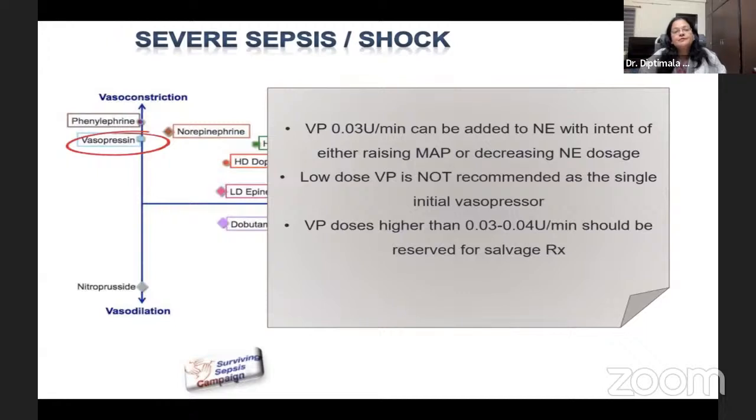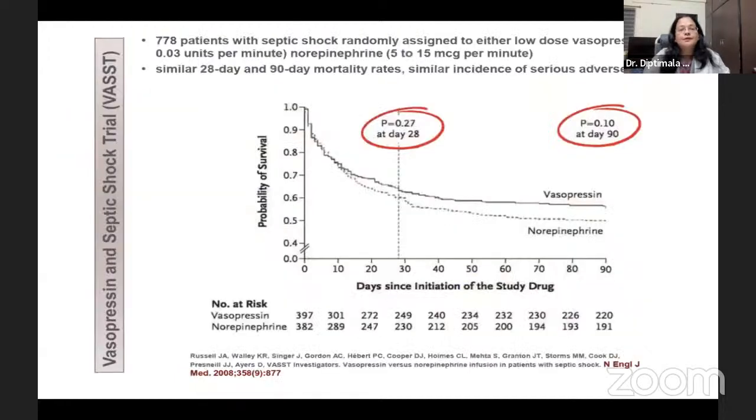When you add the vasopressin, you will be able to reduce the dose of norepinephrine because with a single agent, norepinephrine, there is a limit to which you can increase the dose. So this is the Vasopressin and Septic Shock Trial, a very famous trial by the name VASST.